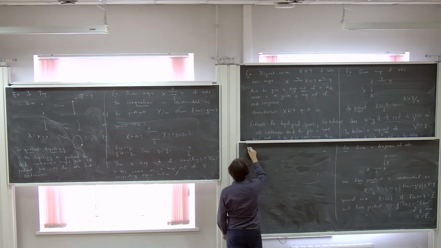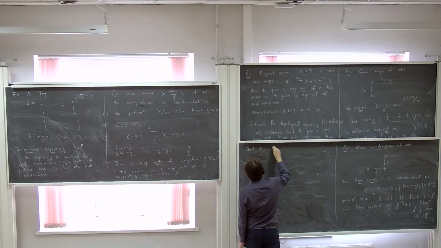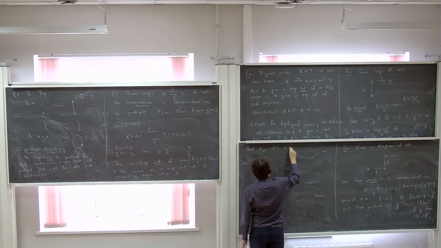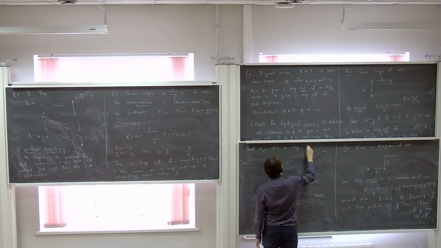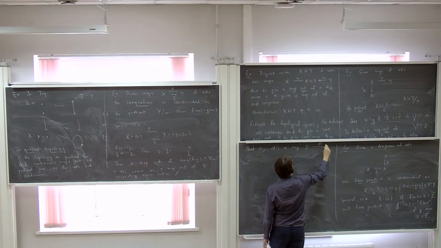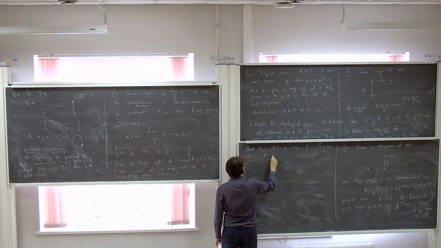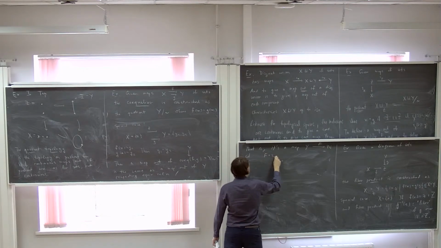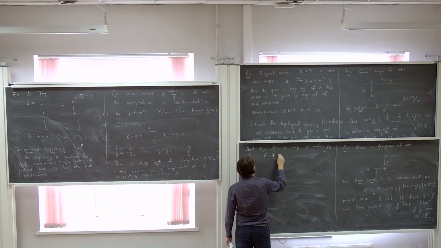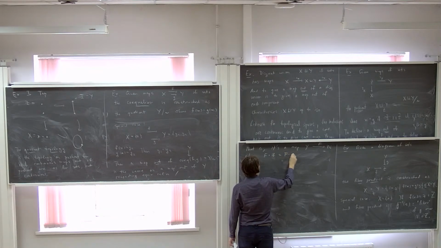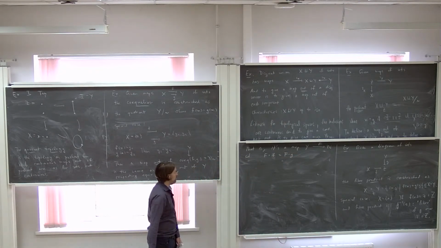Okay, so that is, it's a map from y to some w such that precomposing with little f is the same as precomposing with little g.